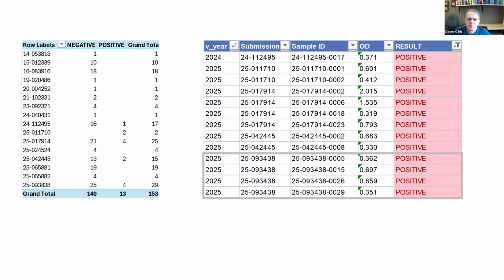Now, this is the one that was a bit confusing to me because I could see there were some weak reactors on ELITest, but they were all negative on VMRD. So I looked in the history, and again, I need to qualify my statements a bit here because I identified that this client had submitted samples since 2014.